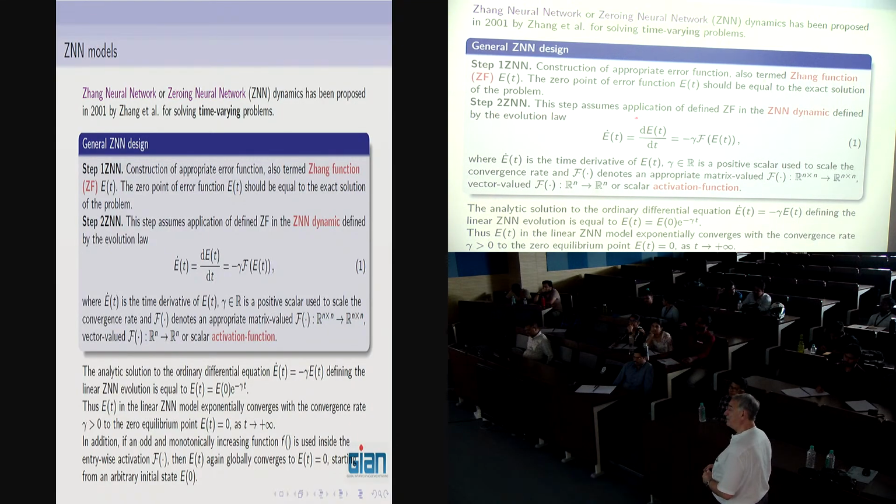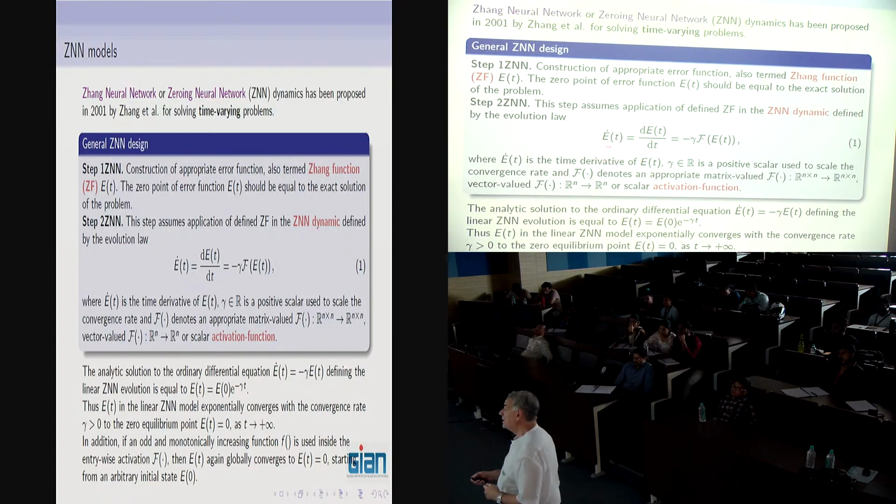In the second step, we define the ZNN dynamical system in simple form. The time derivative of the error function is equal to, you can recognize our old parameter gamma, the gain parameter, times calligraphic F, a nonlinear activation, applied to E of t. Simply, ZNN relates the time derivative of E of t with E of t.